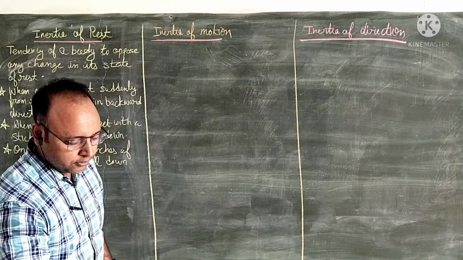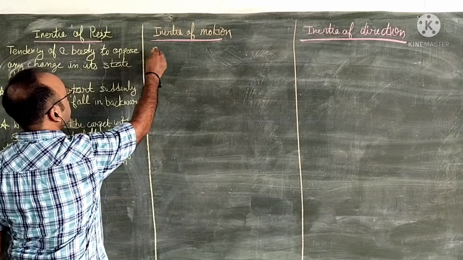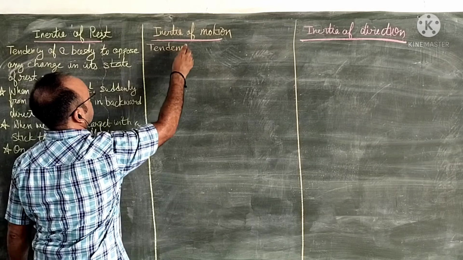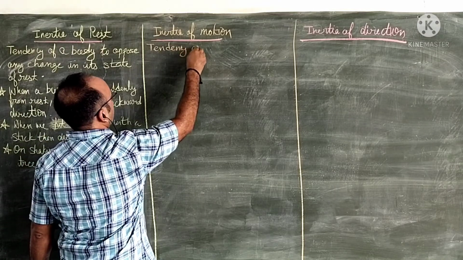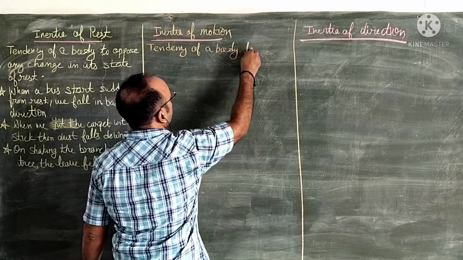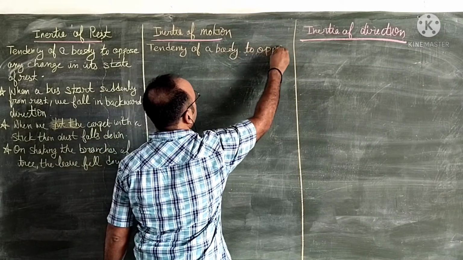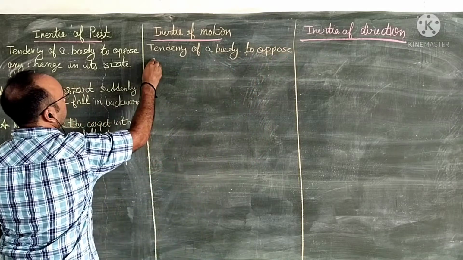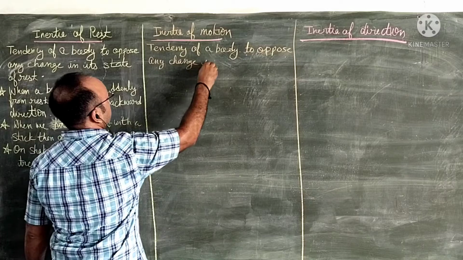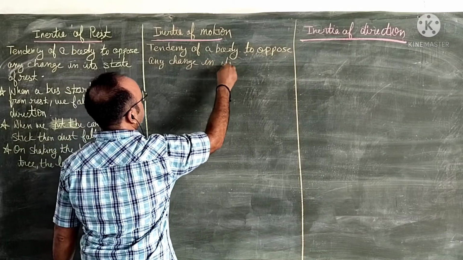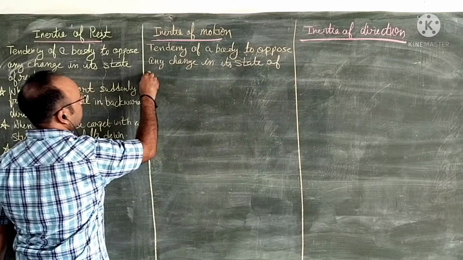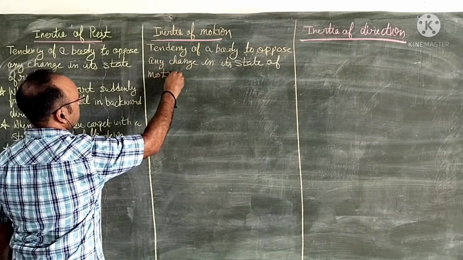Inertia of motion says that this is the tendency of a body to oppose any change in its state of motion, right?